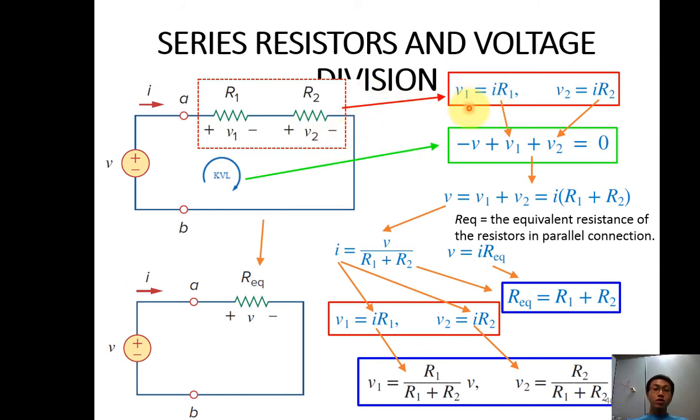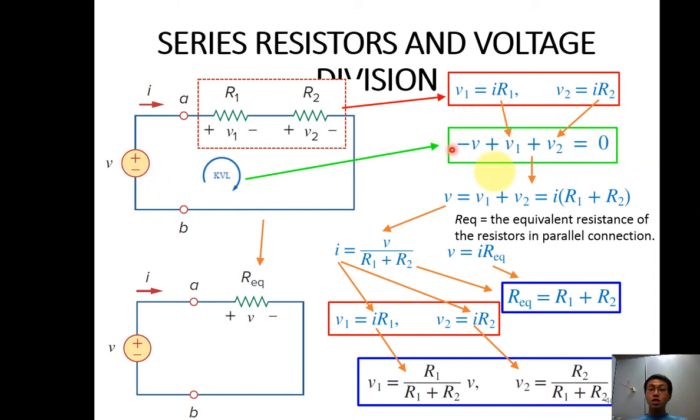Okay, so I apply Ohm's law, V equals IR. So V1 equals I times R1, V2 equals I times R2. Then I apply Kirchhoff's voltage law. So I start from here: negative V, plus V1, plus V2, coming back becomes 0.